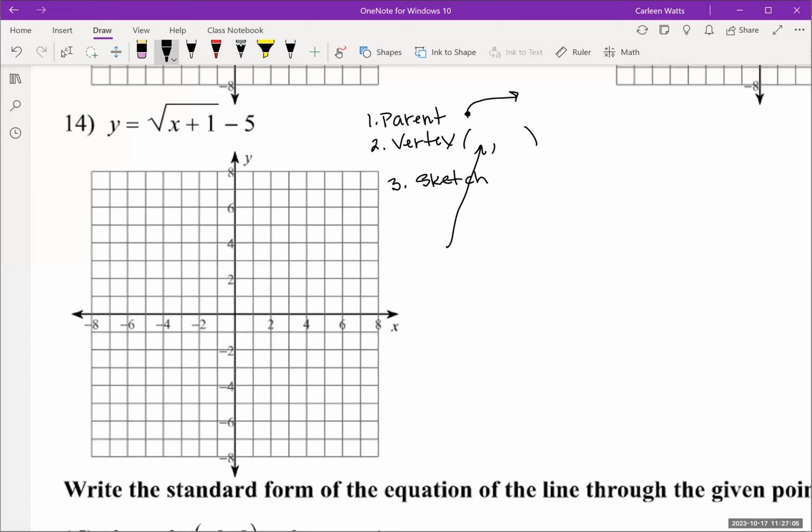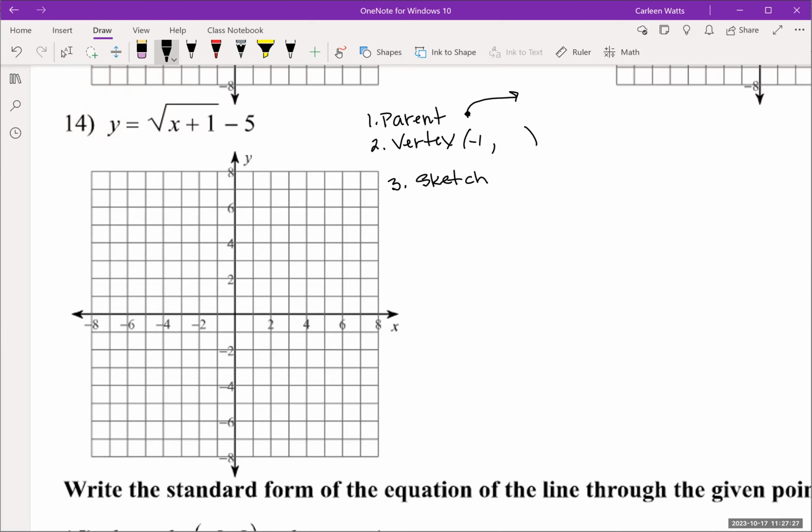Oh, wait, did you switch or did you not switch? Oh, yeah, switch. Okay, the x coordinate of the vertex is -1. Does everyone see that for the x coordinate, you grab the inside number and opposite sign?